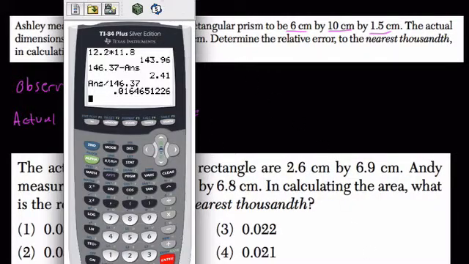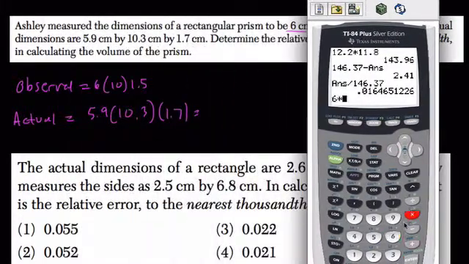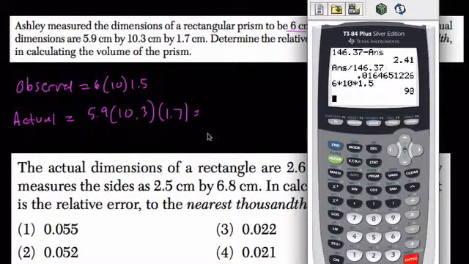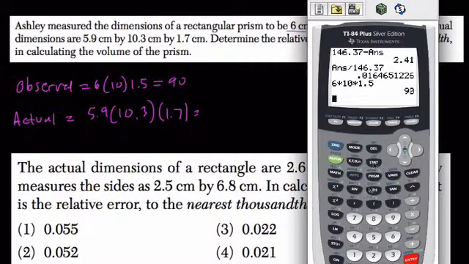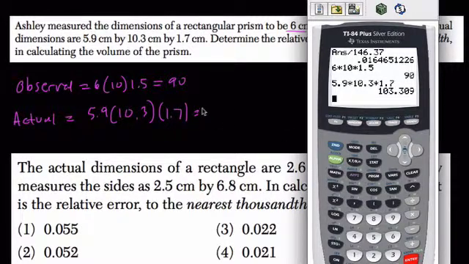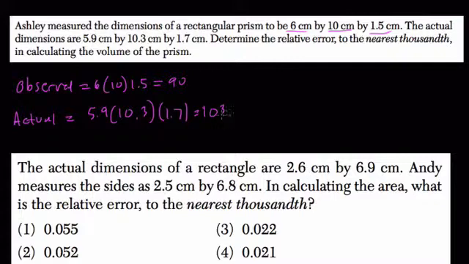So here we can compare the volumes. 6 times 10 times 1.5, this is our observed value, or 90. But the actual is 5.9 times 10.3 times 1.7, so we should have gotten 103.309. So now relative error is your observed value, right?